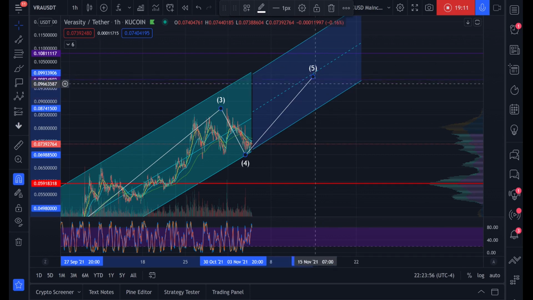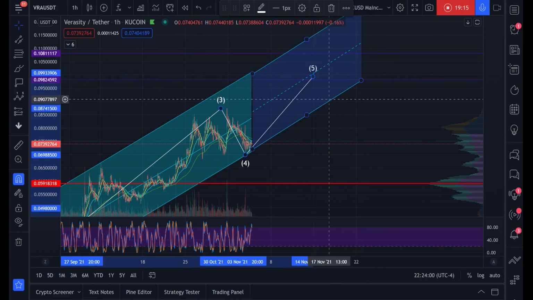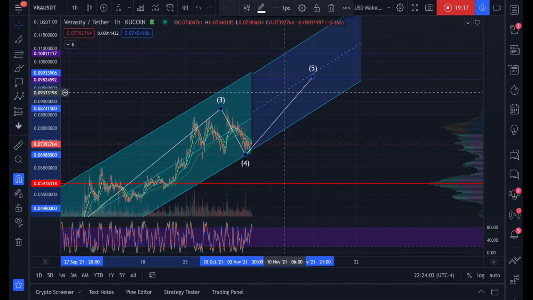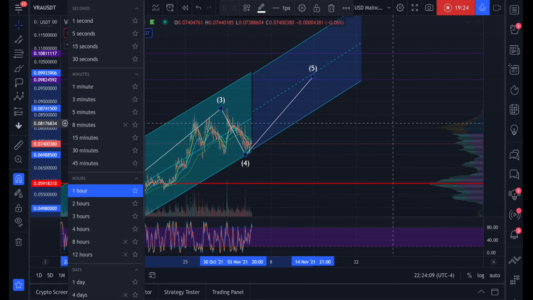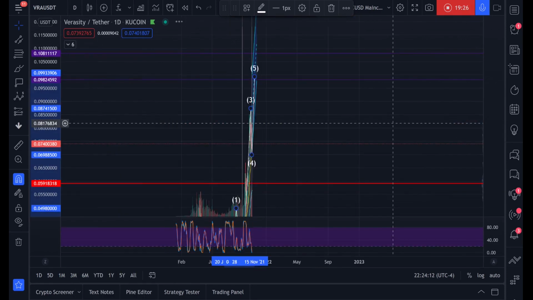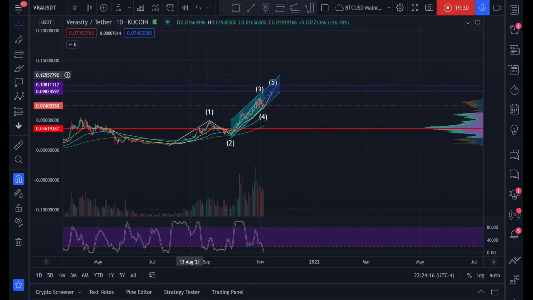Again, remember that you're going to get a small ABC correction after this fifth wave, and then you're going to get a larger correction. That larger correction you can anticipate coming down to approximately the 0.382 of the entire movement, right?